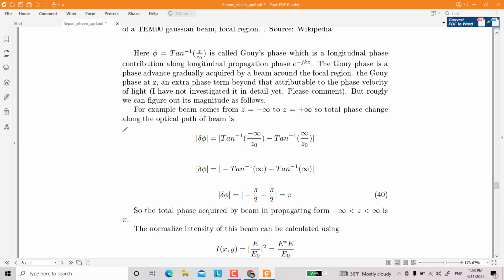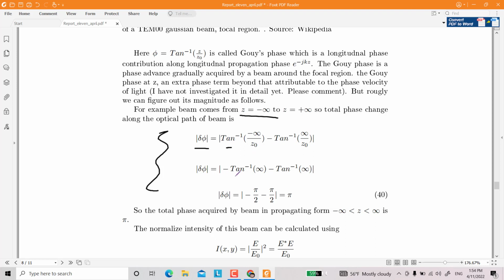This thing I have already derived here. So for example, the beam comes from z equals minus infinity to z equals plus infinity. So the total phase change, just to avoid this minus sign, I took the absolute value. The absolute value of this change in phase in propagation from minus infinity to plus infinity along the z-axis turns out to be tan inverse of minus infinity by z naught minus tan inverse of infinity by z naught.